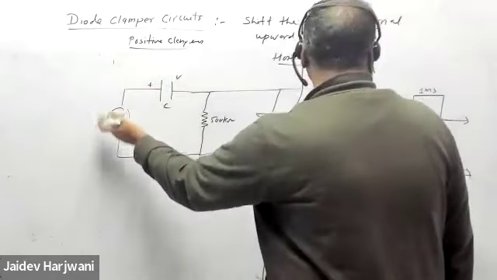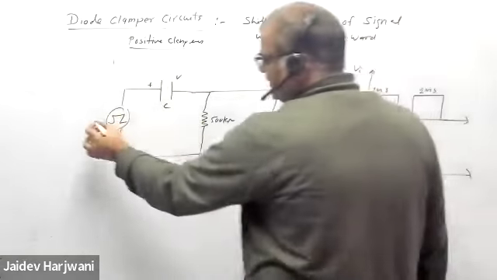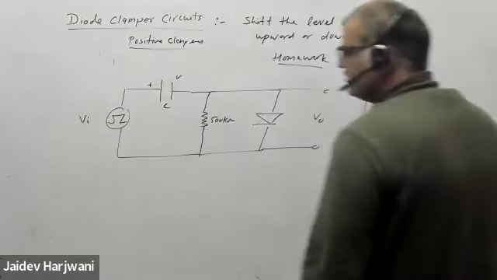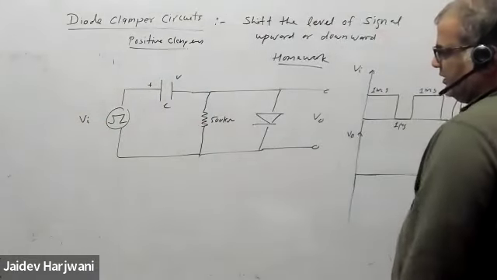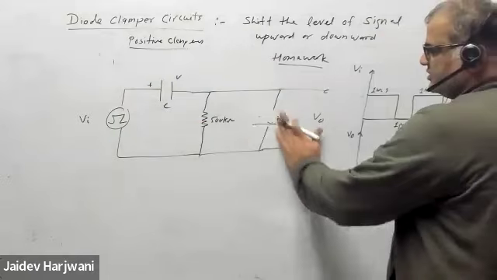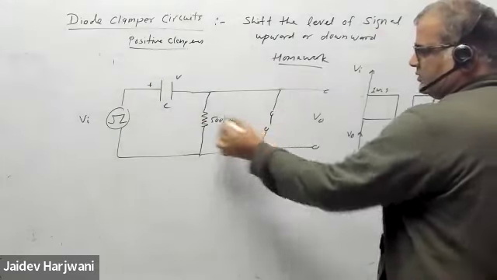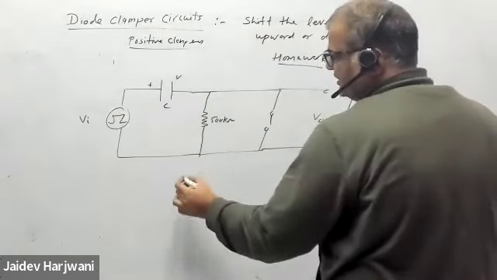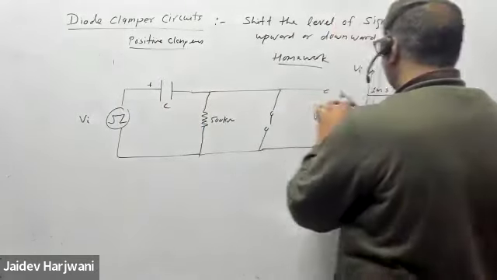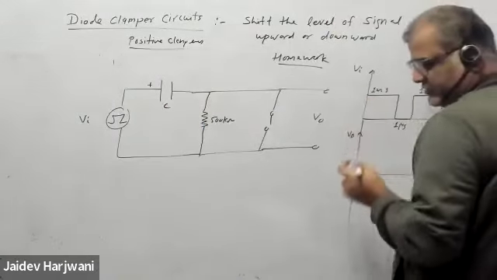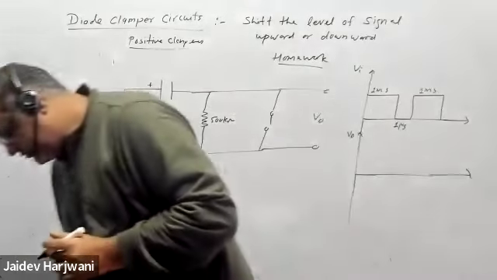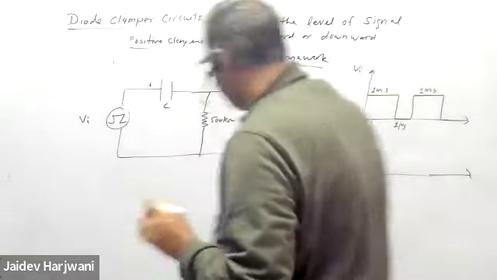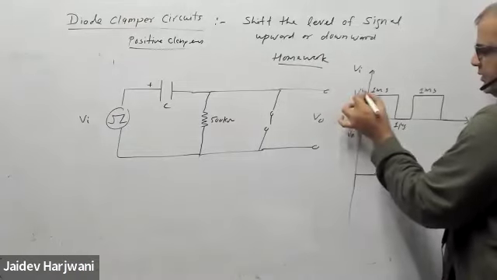And V input is plus minus only value. So I'll take the maximum value of this one. Okay, and when the charging is a short circuit, in this loop no voltage is going here, so VC will be what? VC will be charged up to the input value. What should I write? VM. Yes, up to VM.